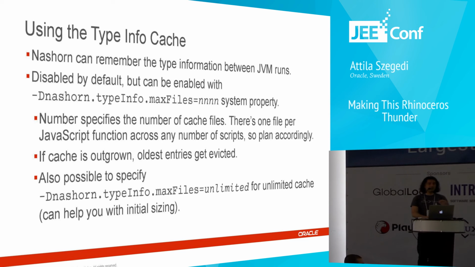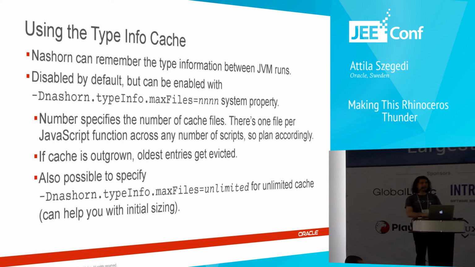However, you can also cut down on recompilations if you use Nashorn's type info cache. We can do things where the Java runtime can, in a system-specific cache directory, so on Mac OS that will be user home, Library, Application Support, Caches, com.oracle, whatever, it can actually store the discovered information for particular functions. And it's cryptographically safe.